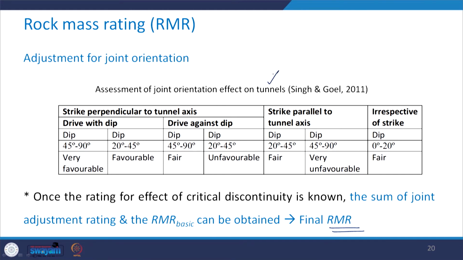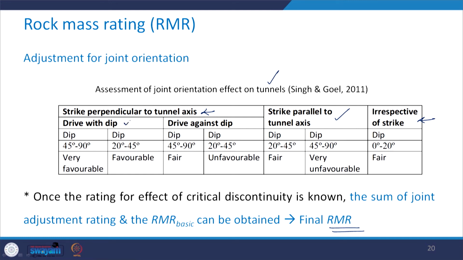Various aspects are given, whether the strike is perpendicular to tunnel axis. When we say strike, I am specifically talking about the strike of that particular discontinuity. In case the strike is parallel to the tunnel axis, or if you have the joint irrespective of its strike, there also we can get some idea.